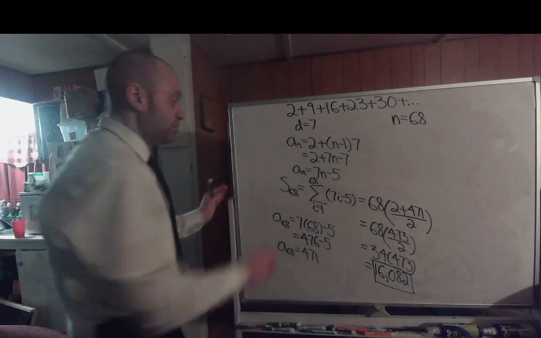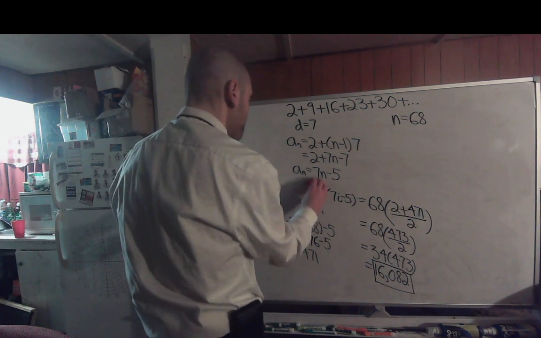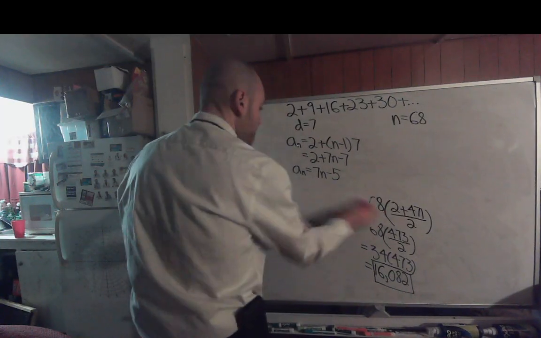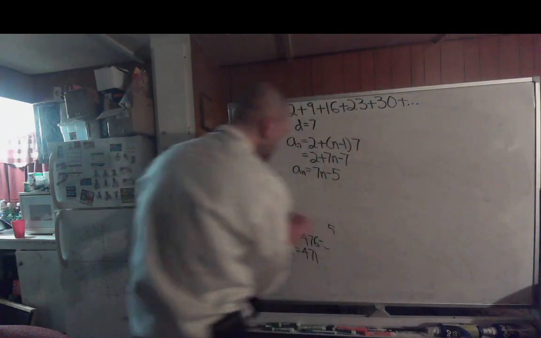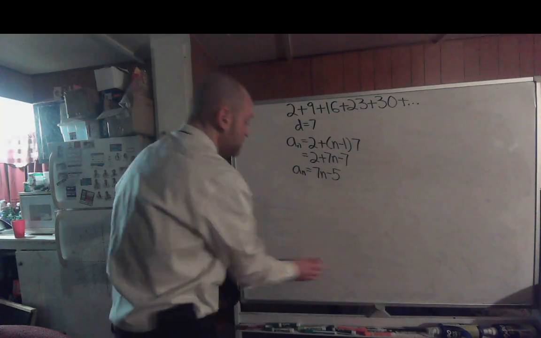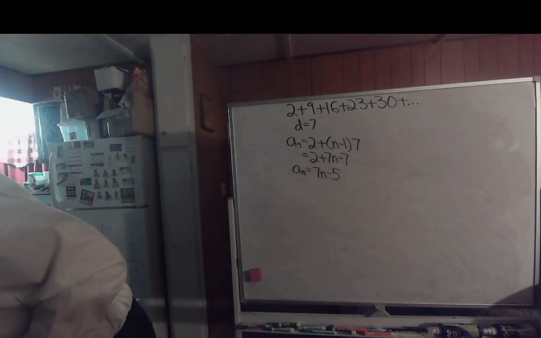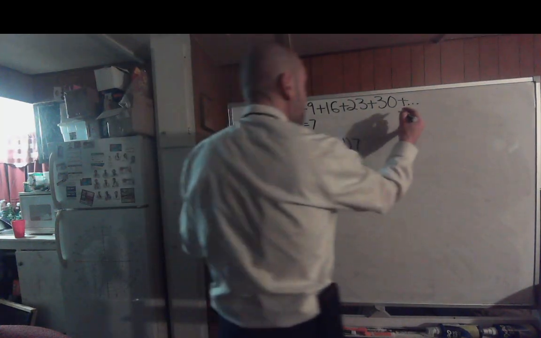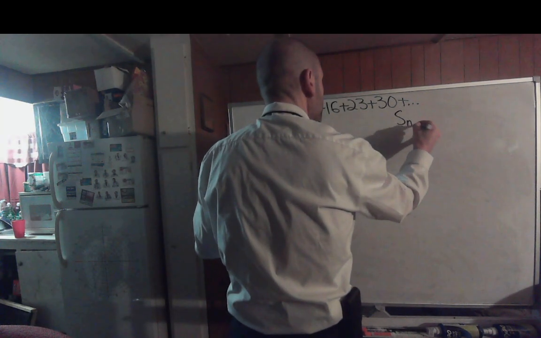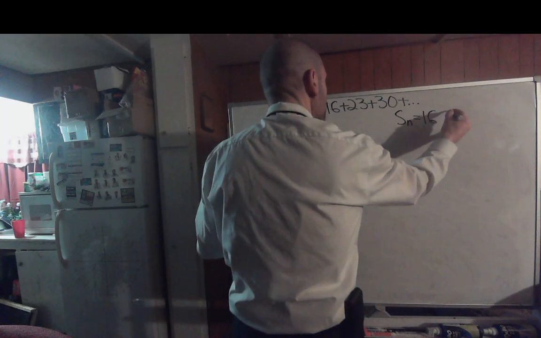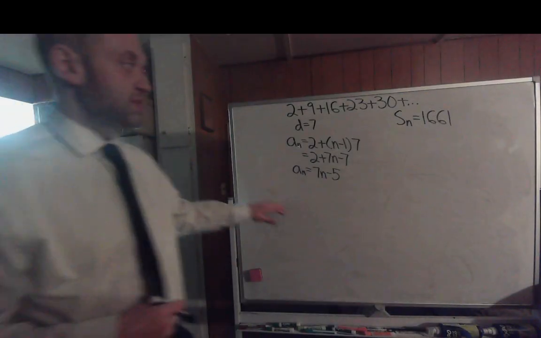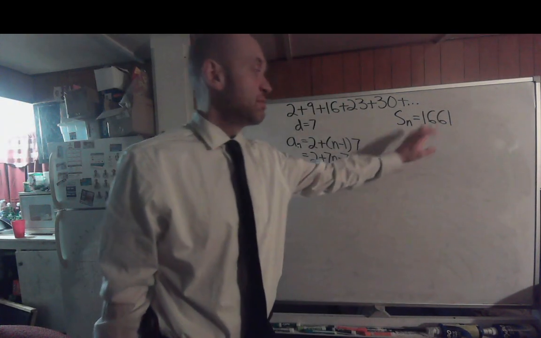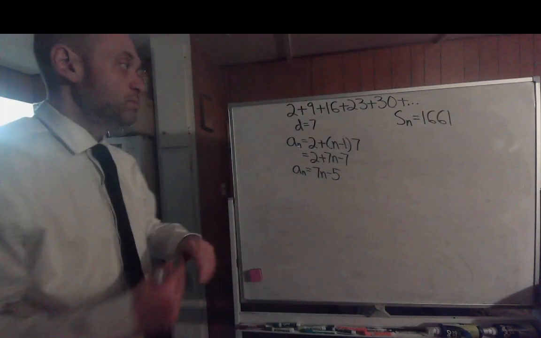Now there's a second part to this problem. They want us to find when the sum of the series equals 1,661. So we got to find how many terms it takes to add together to get the sum of 1,661.